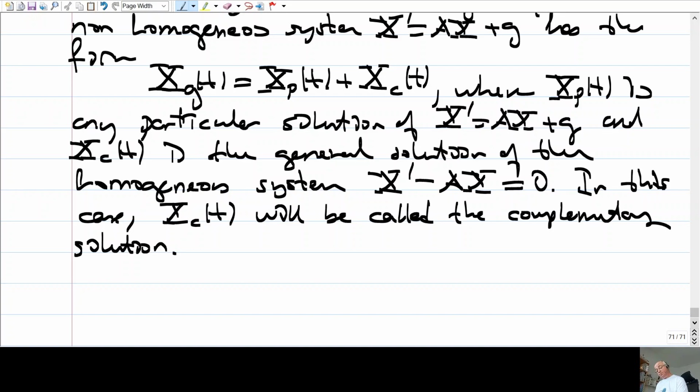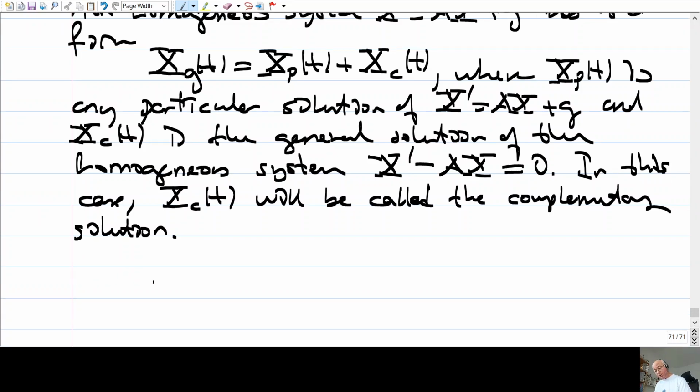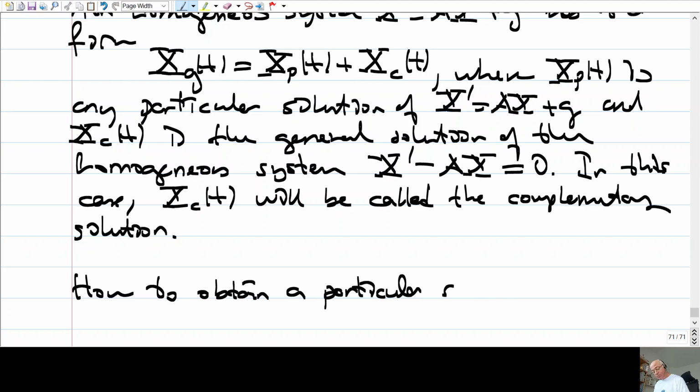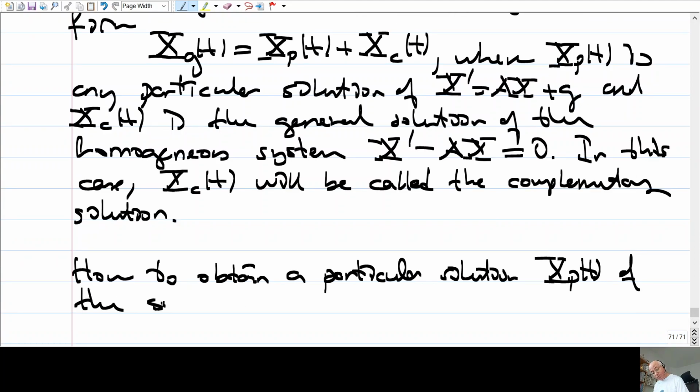So we have to find this particular solution. So how to obtain a particular solution xp(t) of the system x prime equals ax plus g? Okay.